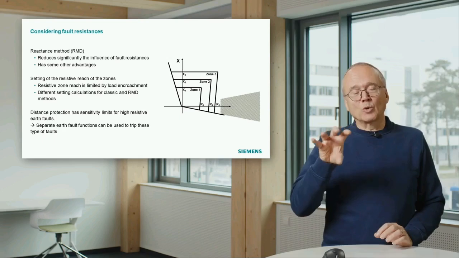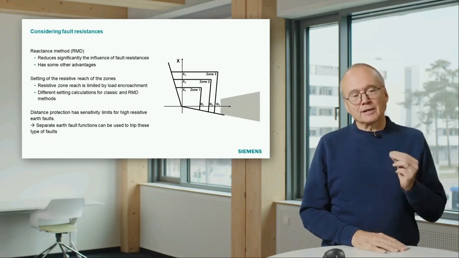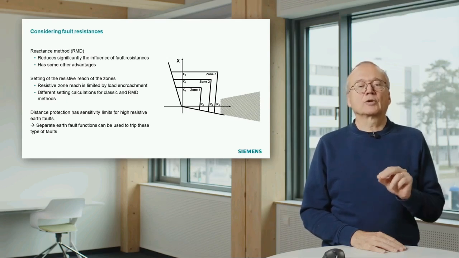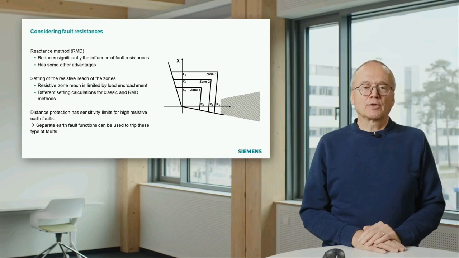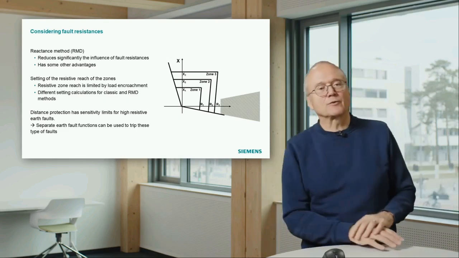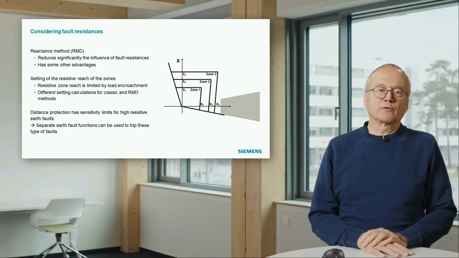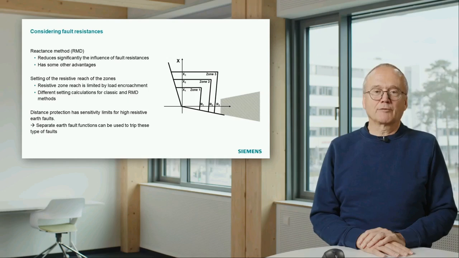And this load cutout can help us in this context. And important is that you do proper setting calculations for the resistive reach. And they are sometimes different, especially if you look into single phase to ground fault. They are different for the classical method and the RMD method. So please have a look into our setting examples in the manuals.